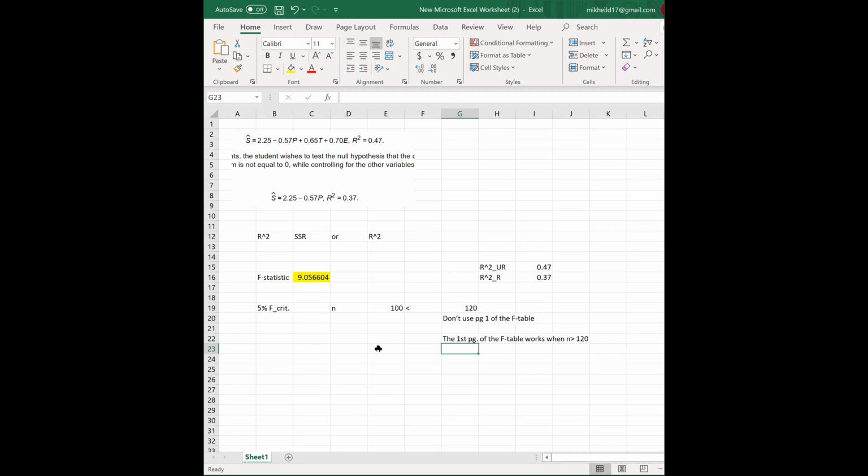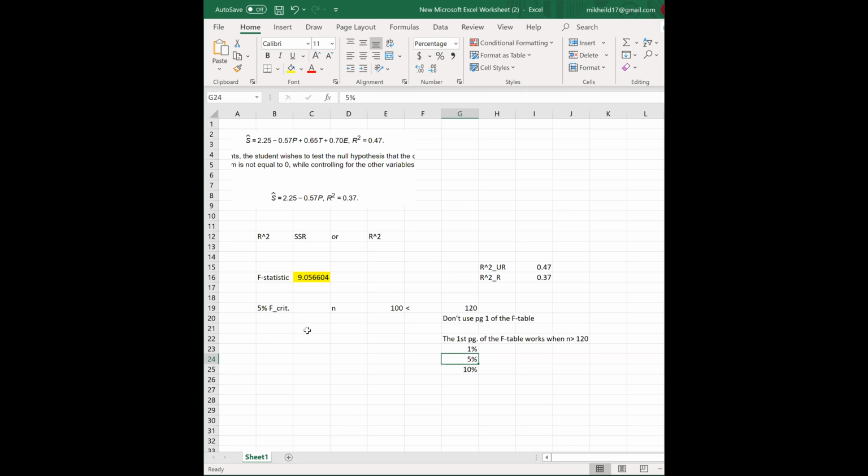Exactly. And then you have a few pages that correspond to the significance levels. So we have 3 different pages for the F-stat that correspond, I think, to 1%, 5%, and 10%. In this case, you'll see the page that corresponds to the 5% significance level.